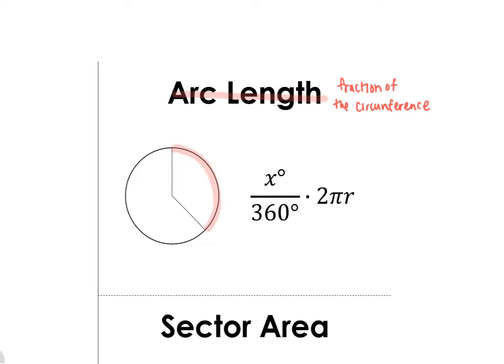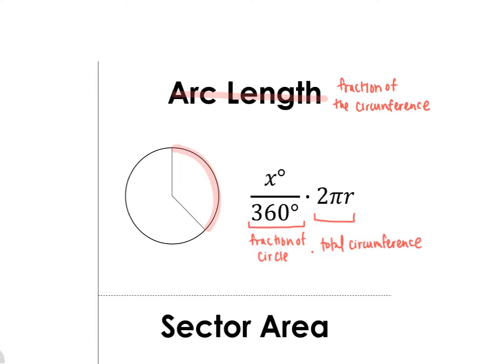Okay, and the way we find arc length is we find the fraction of the circle, which is this part. And we multiply that by the total circumference, which is 2 times pi times r.